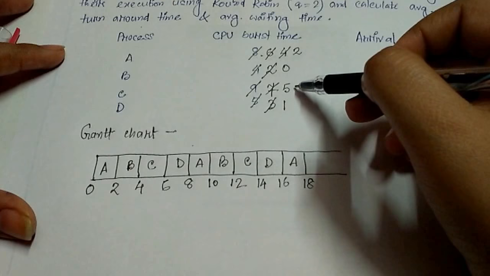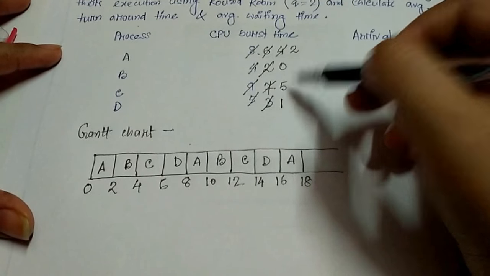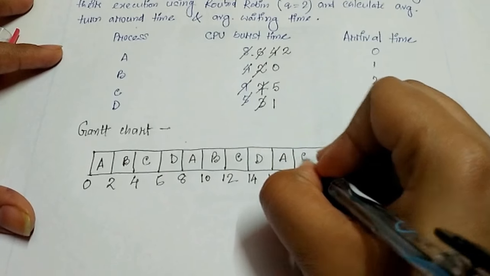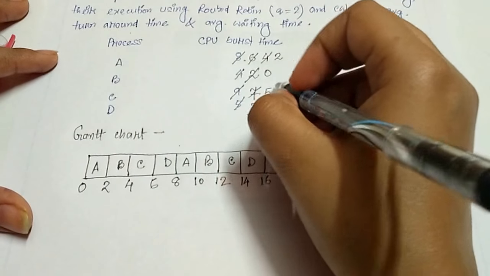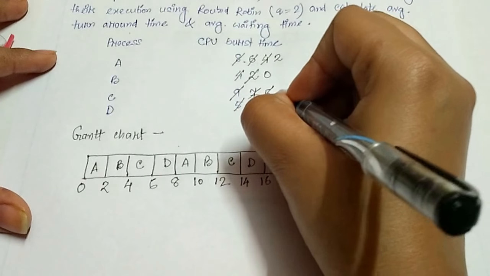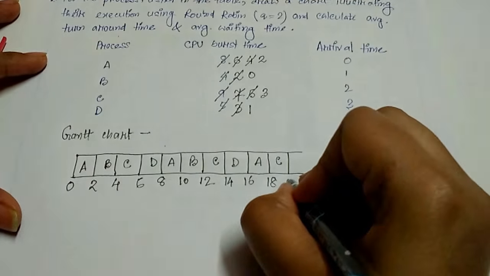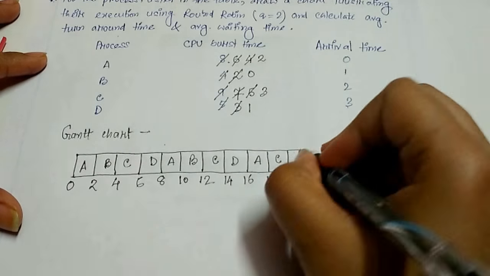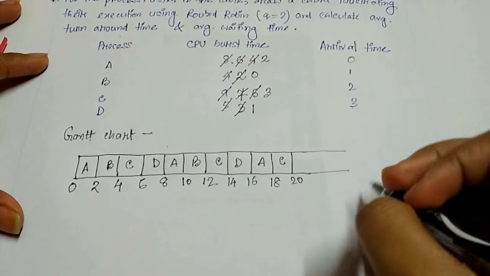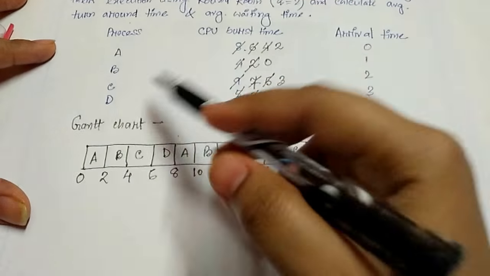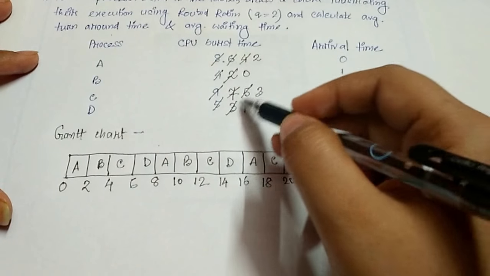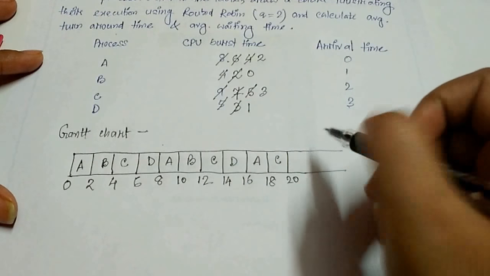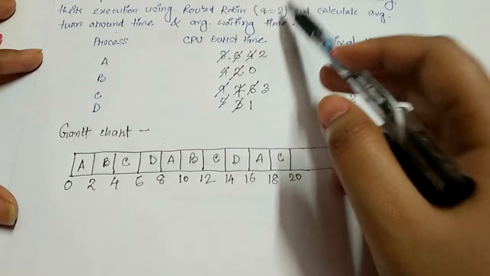Here the CPU burst time was 5, that is C. From the 5 we take only 2, 3 will remain, that is 20. Then process D comes and D has only 1 remaining and Q equals 2.